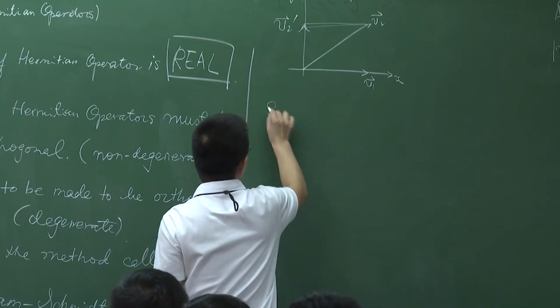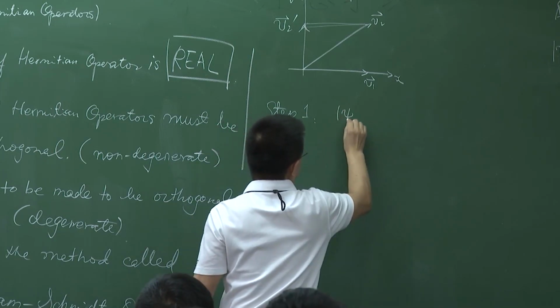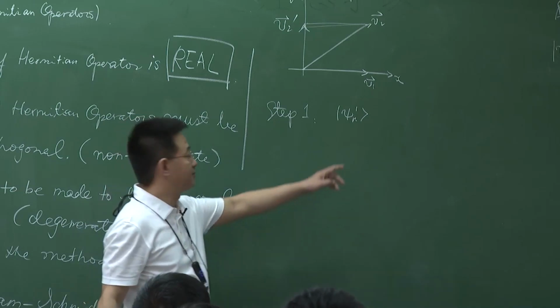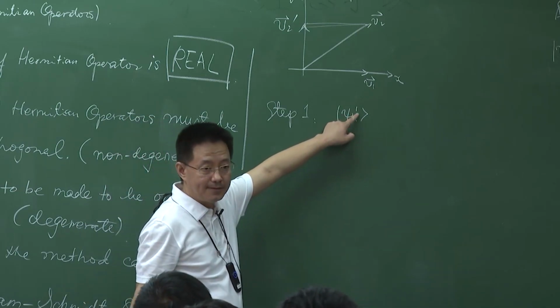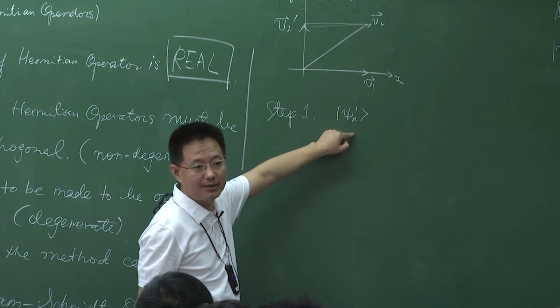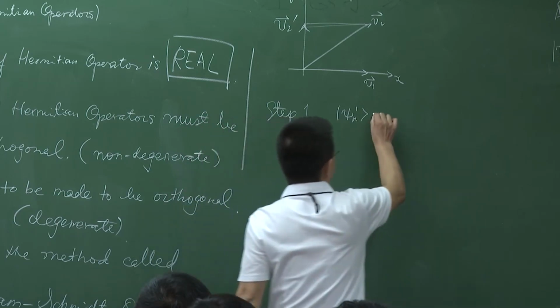The first thing, step 1, because you have psi n1, right? That is your first eigenstate corresponding to the nth eigenvalue. You want to make it normalized.